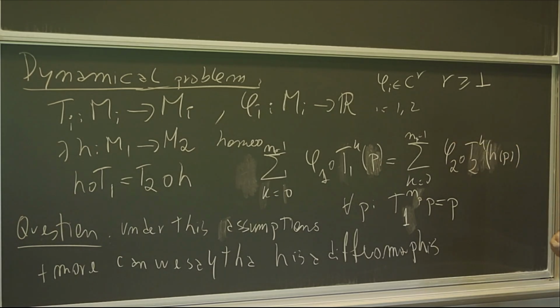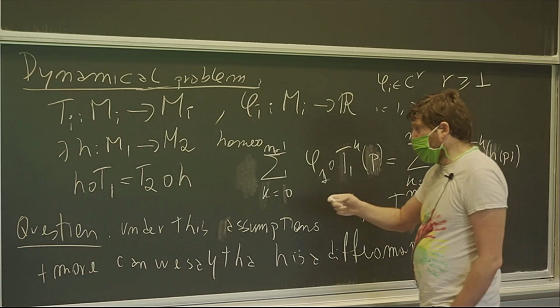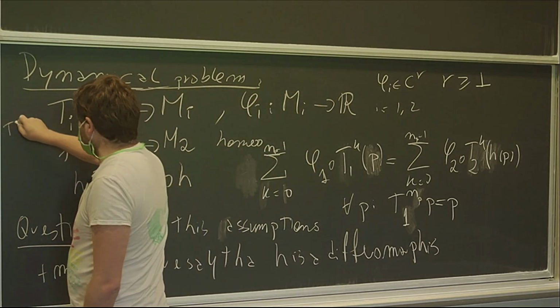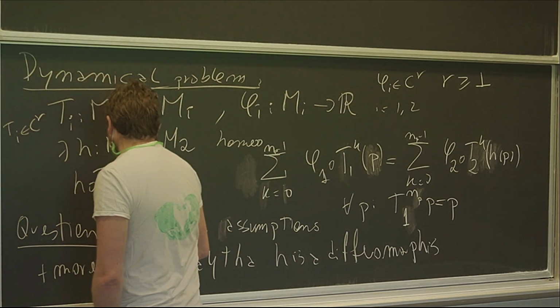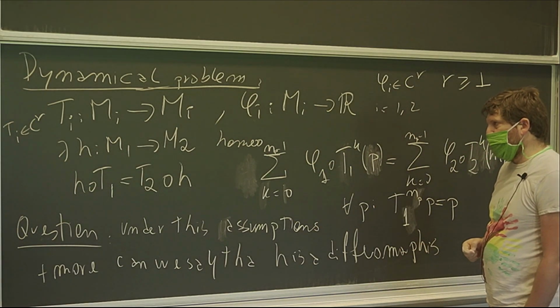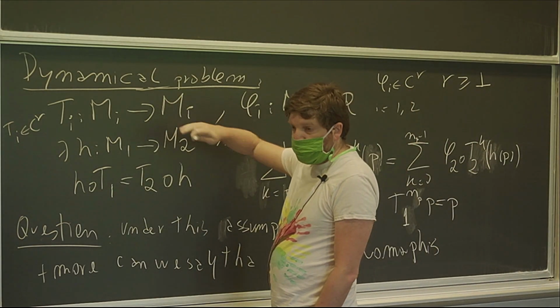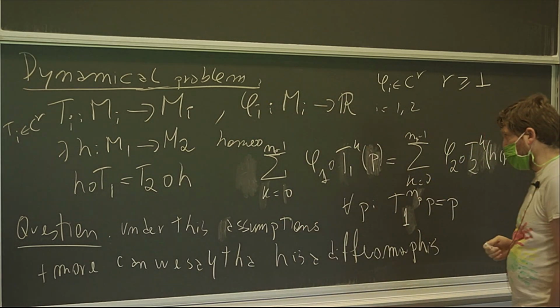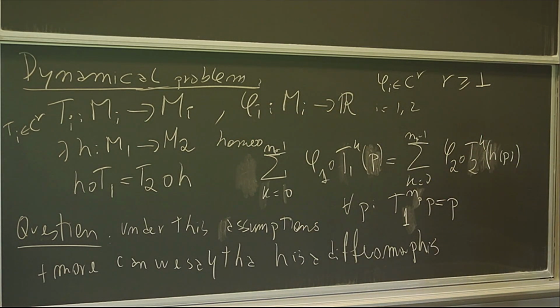Well, sometimes this happens, but you want the phi i's to be C^r. Of course, you want the T i's also to be C^r. And you want the nice theory to happen, so you want some hyperbolicity on these T i's as well, though the question is much more general.